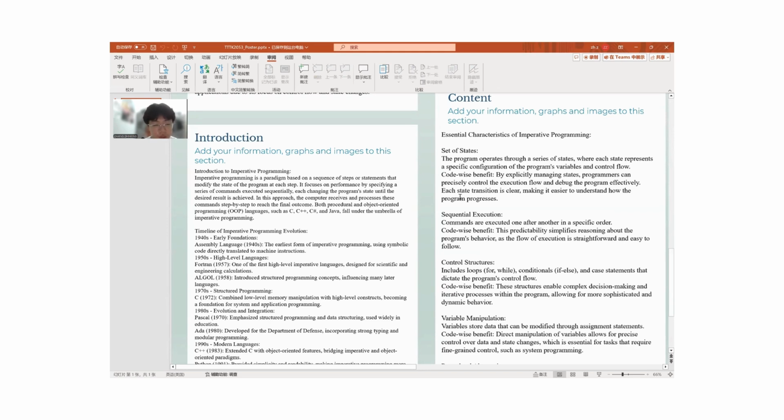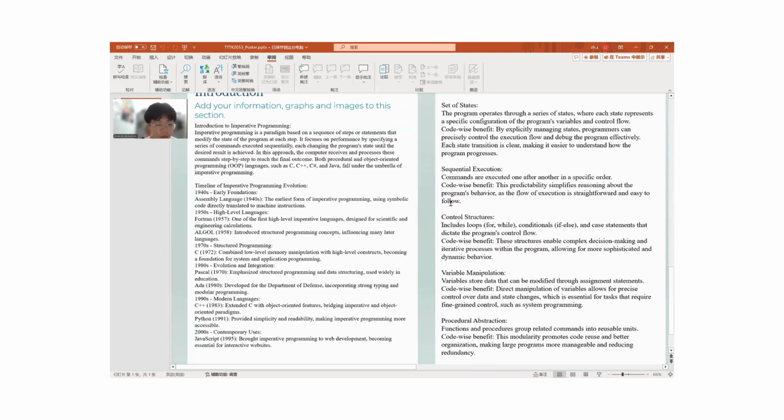In this approach, the computer receives and processes these commands step by step to reach the final outcome. Both procedural and object-oriented programming languages, such as C, C++, C#, and Java, fall under the umbrella of imperative programming.